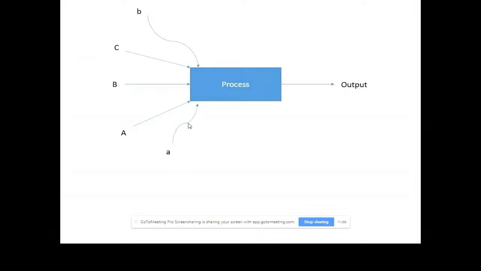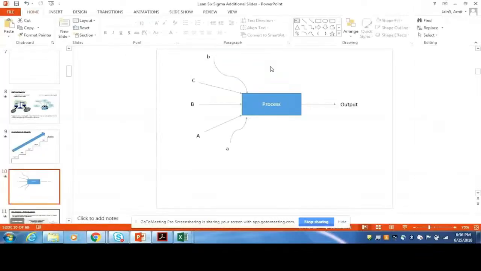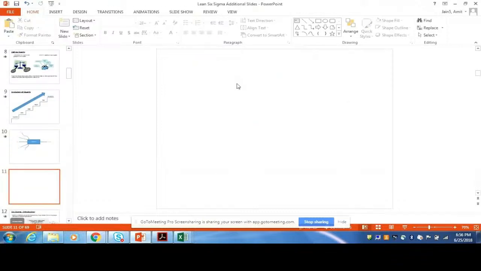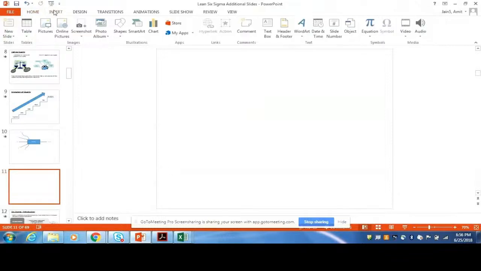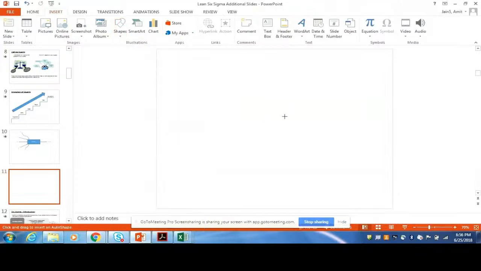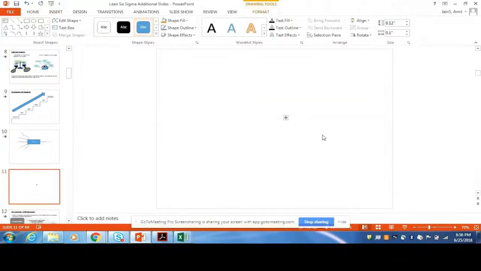The output is largely dependent on these inputs, and sometimes due to variation in these inputs and in the process itself, instead of getting one single output, you get a distribution. For example, let's say we wanted output at this particular point.